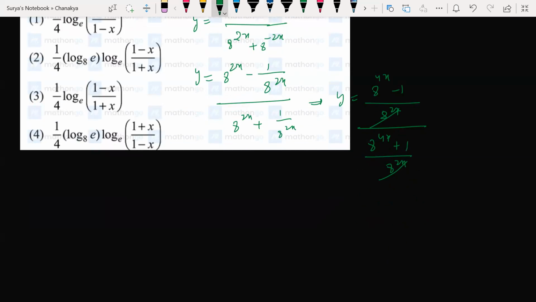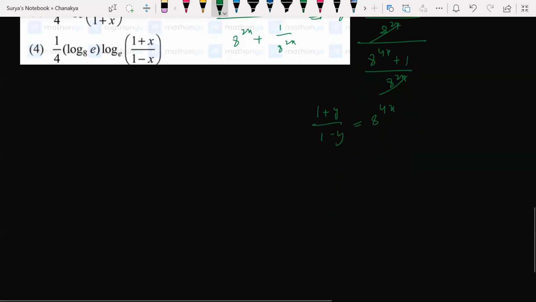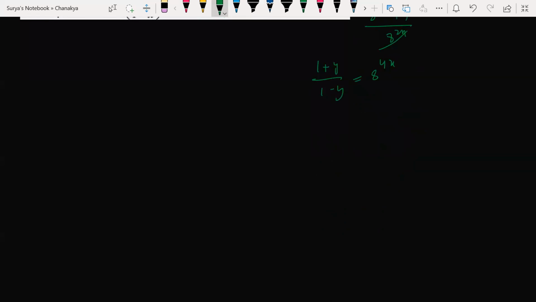So what are you going to get now? 1 plus y divided by 1 minus y is equal to 8 to the power of 4x. Correct? 8 to the power of 4x. Now, as we know, beta, whenever you have a power, we have to apply log on both sides.